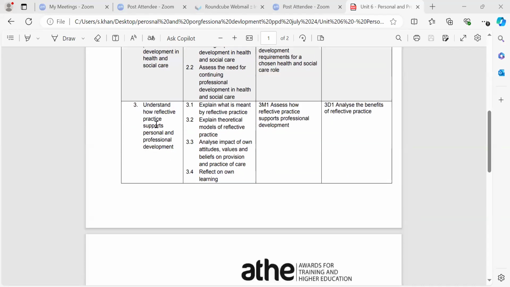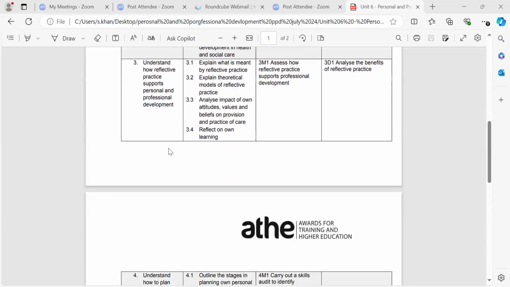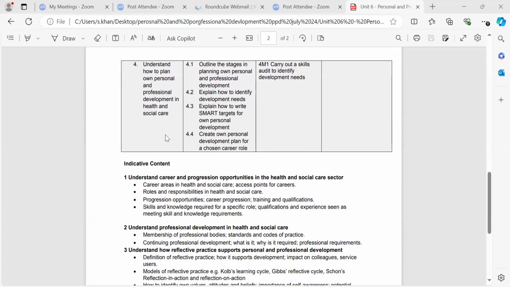And your third learning outcome is to understand how reflective practice supports personal and professional development. And your final learning outcome is to understand how to plan your own personal and professional development in health and social care. Things like the SMART targets, how to identify any sort of development skills, the stages of your own personal development and professional development, your own personal development plan.